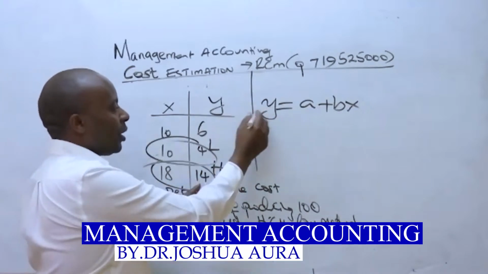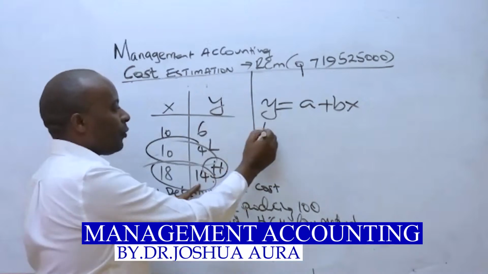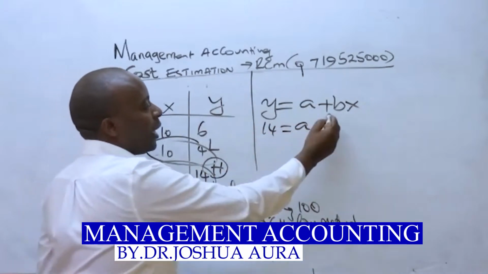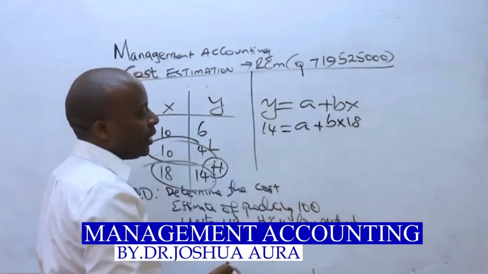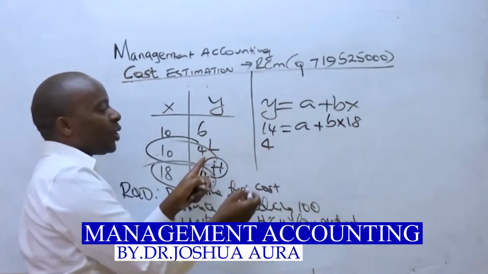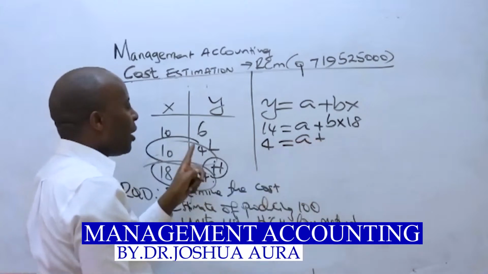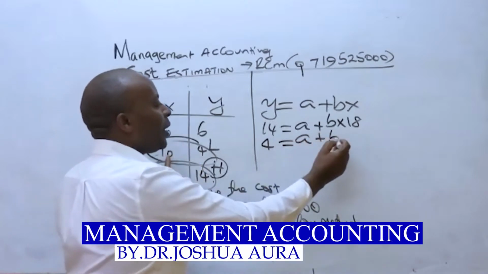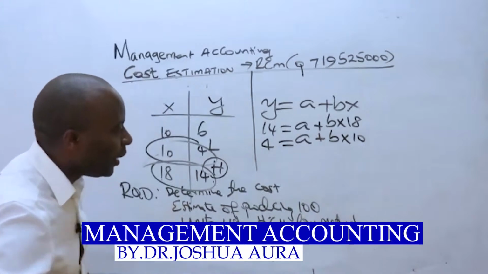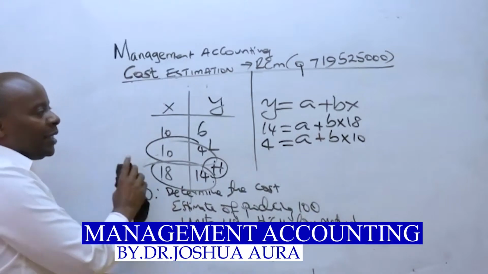So you can see the y here for the highest is 14 equals a plus bx, so b times 18. And then we have the lowest point, whose y I can see is 4, equals a plus b times 10. So once I have that, ladies and gentlemen, then my work will be quite easy.